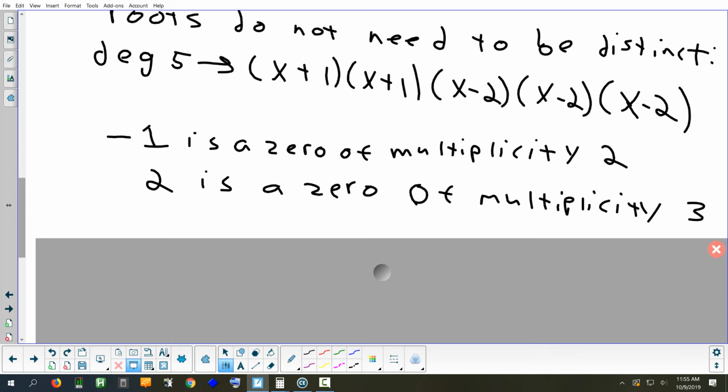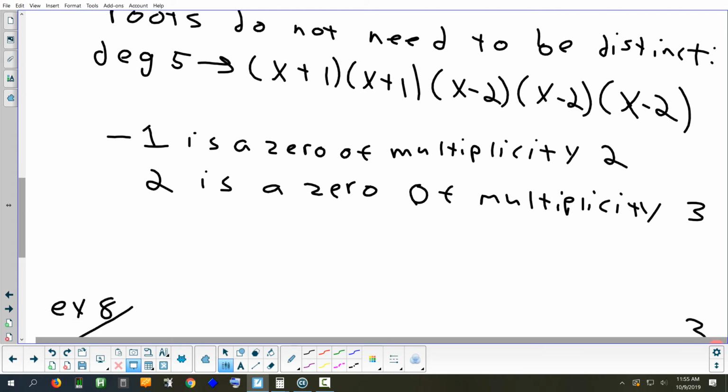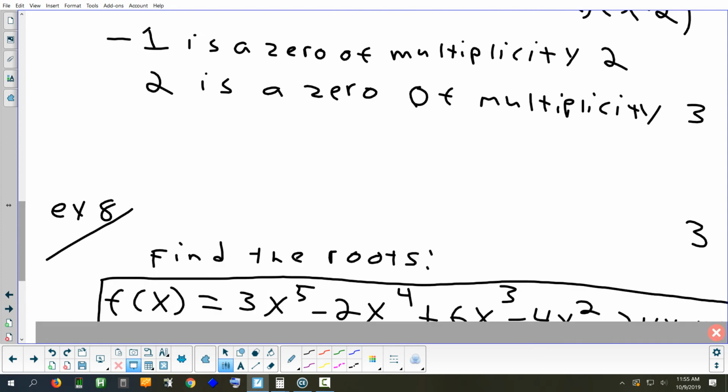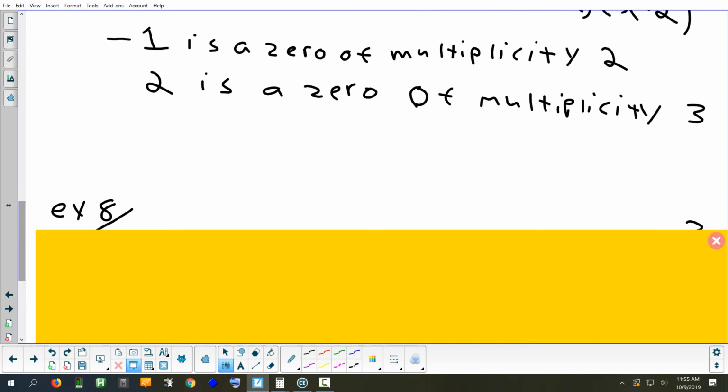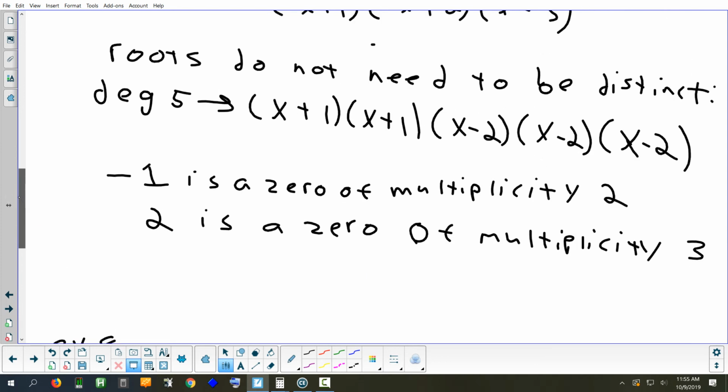I'm going to write down one like we did 2 days ago, and then I'm going to do one incorporating today's stuff. So if I said to you 2 and 3 were roots, what would that mean are the factors? Yeah, so you FOIL that out and you're done.